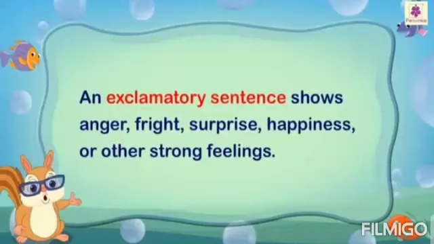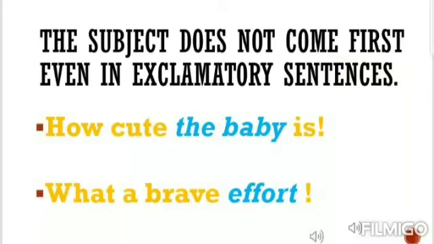An exclamatory sentence shows anger, fright, surprise, happiness, or other strong feelings. Just like question sentences, even in exclamatory sentences, the subject does not come first. Just see the example. How cute the baby is. Here in this sentence, we are talking about the baby, which is the subject, but it is still not at the beginning of the sentence.